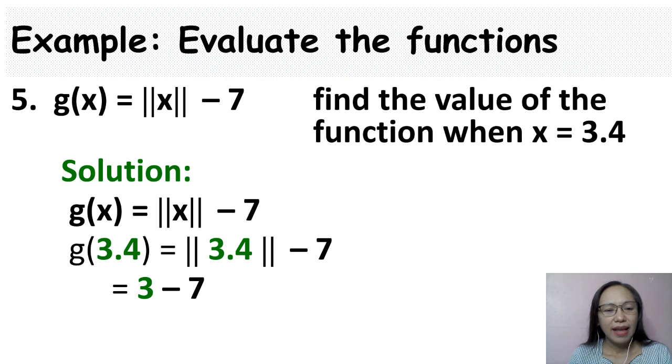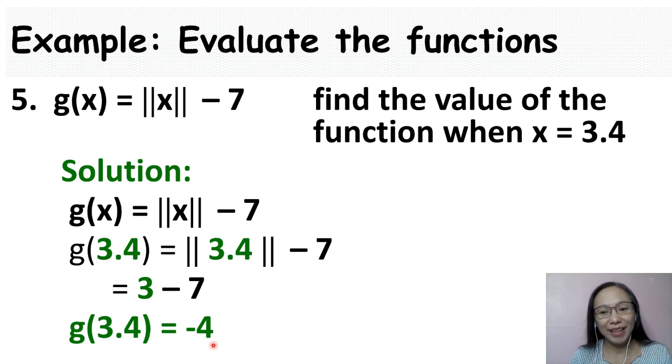And 3 minus 7 is negative 4. Therefore, g at 3.4 is equal to negative 4. I hope you understand that well.